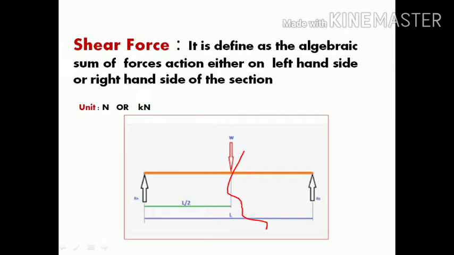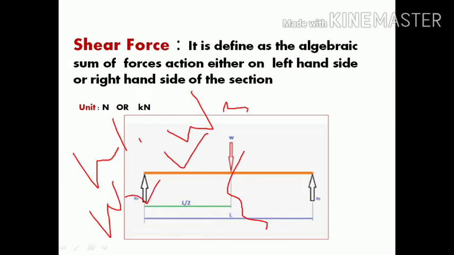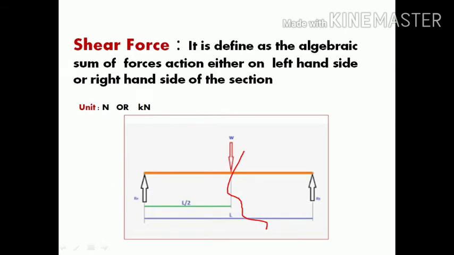then shear force is the algebraic summation of the forces on either the left or right hand side of the section of the beam. If I take a section from here and W1, W2 and W3 are on the left hand side of the section, then shear force is W1 plus W2 plus W3.